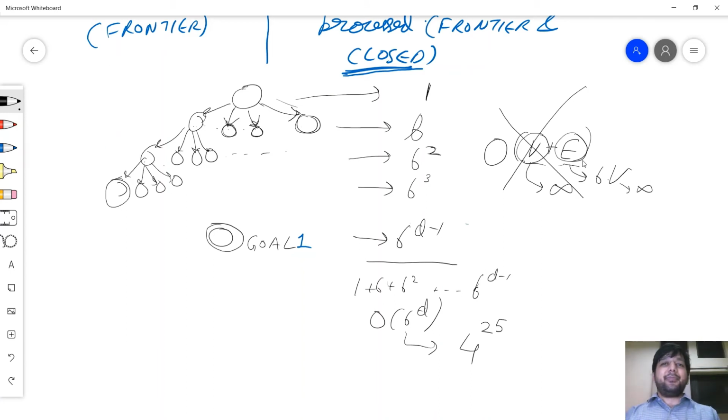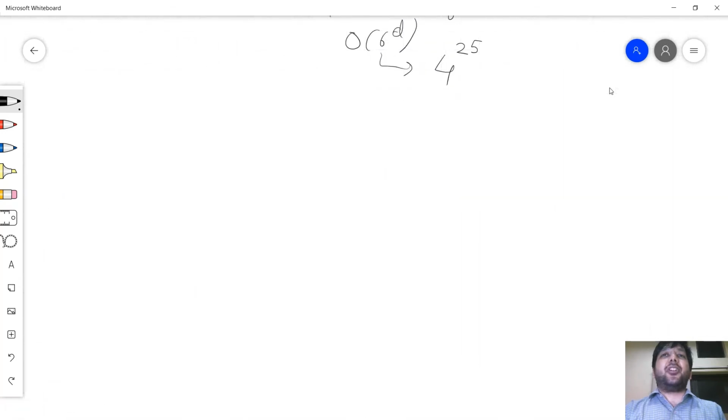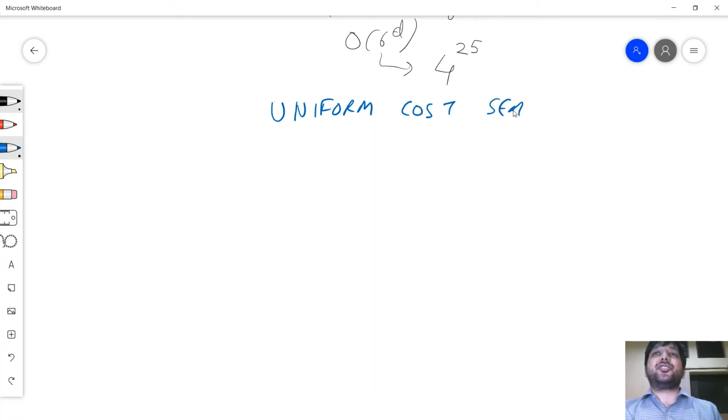Now, I'll quickly take up the other one, which is obviously Dijkstra's algorithm, and in AI for reasons we call it uniform cost search.